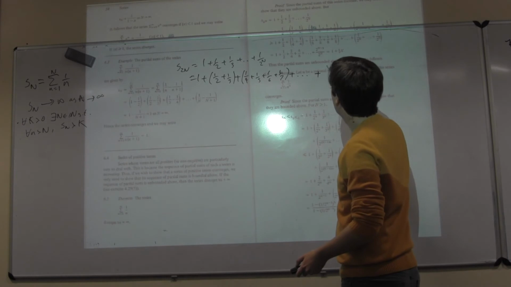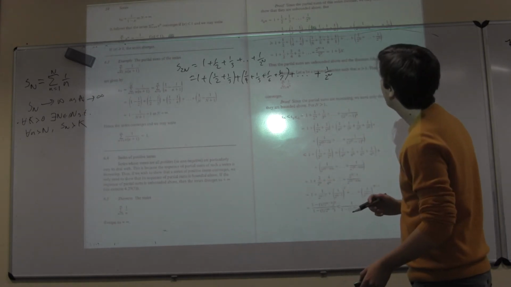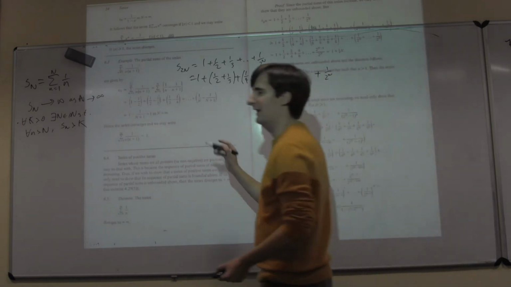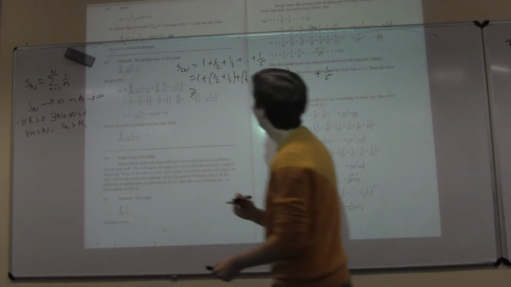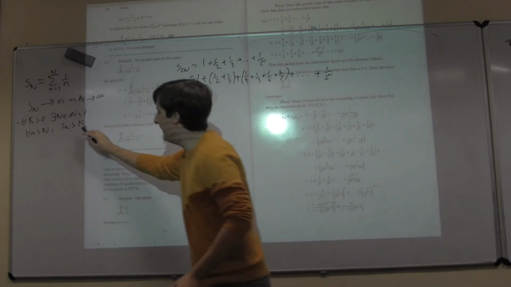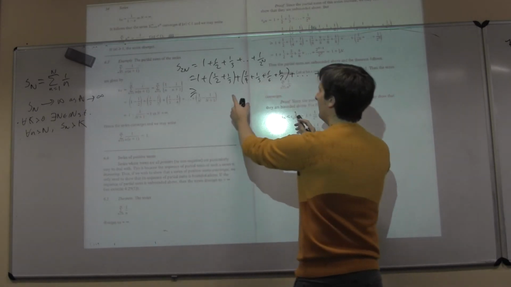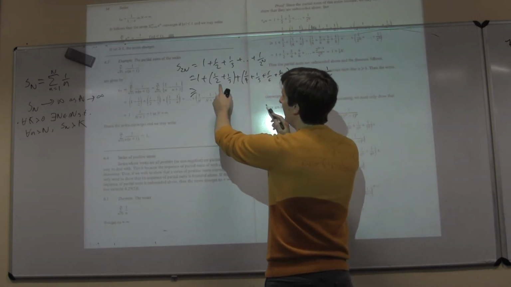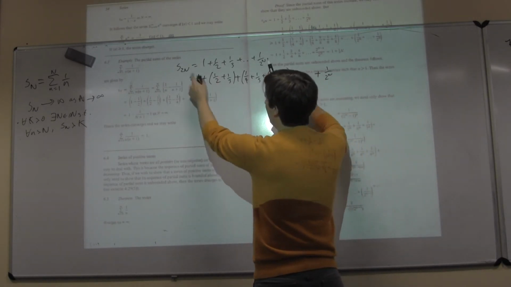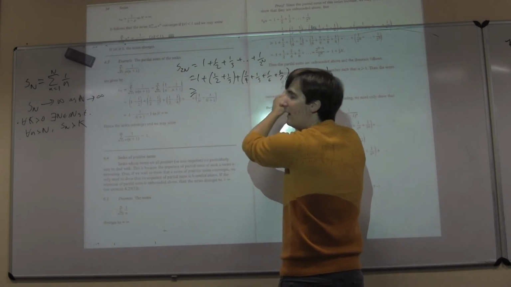Why do we put them in groups? Because of the next step. Remember we want to show that Sn is bigger than something, that it can be made arbitrarily big. So we want to make everything smaller.